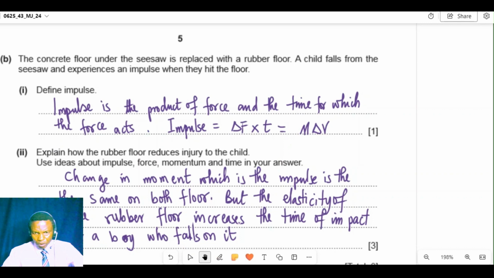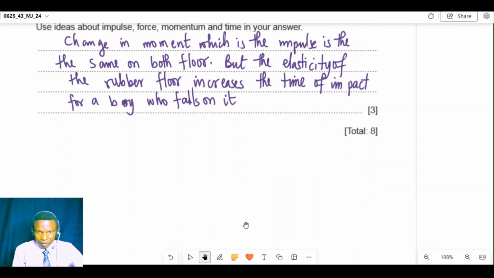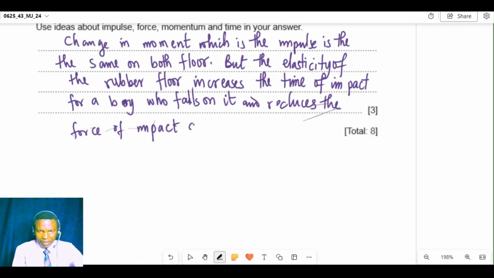So what is the implication of this? It reduces the force of impact and injury.